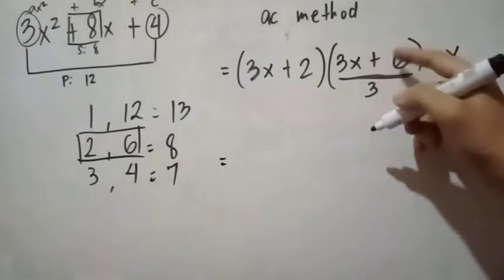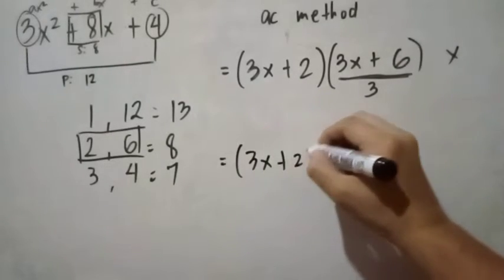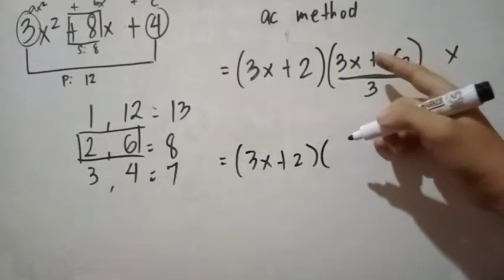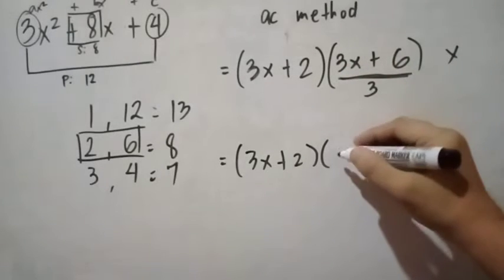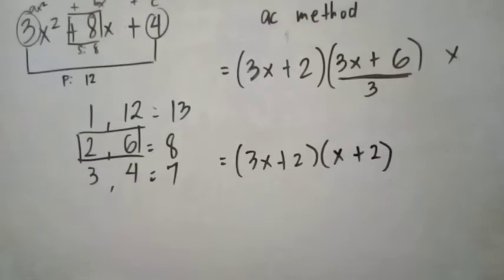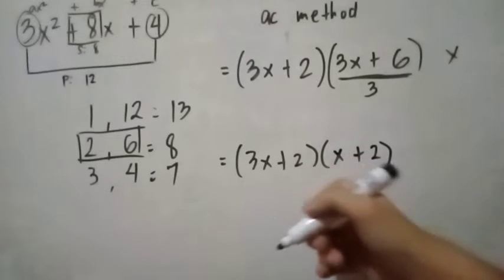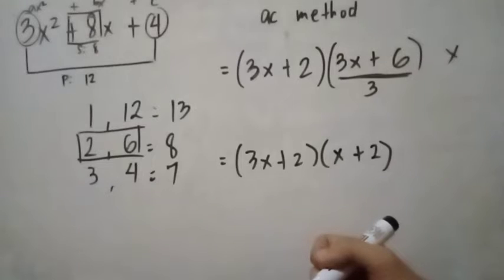And dividing this, so copy muna natin to 3x plus 2. And then, ayan na, i-divide natin itong binomial sa 3. So that we have 3x divided by 3 is x. And 6 divided by 3 is 2. So, ito na yung lumabas na factors ng 3x squared plus 8x plus 4.